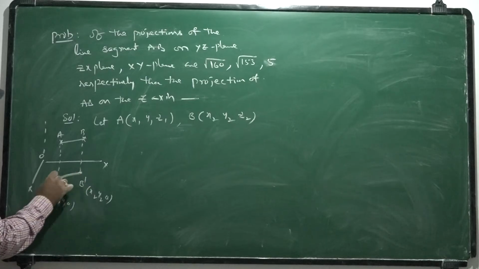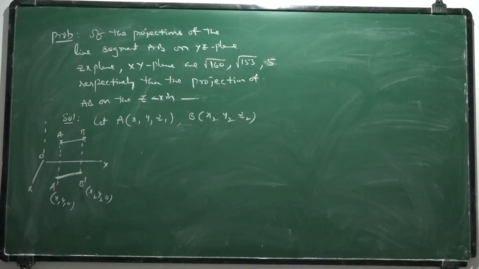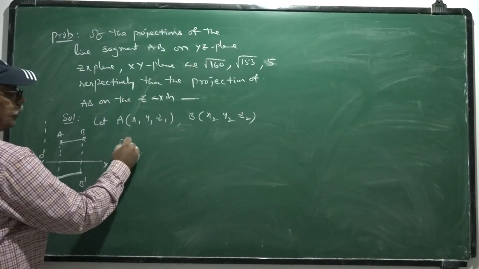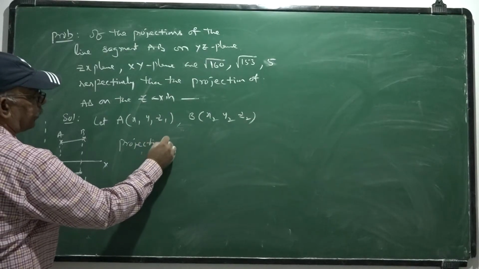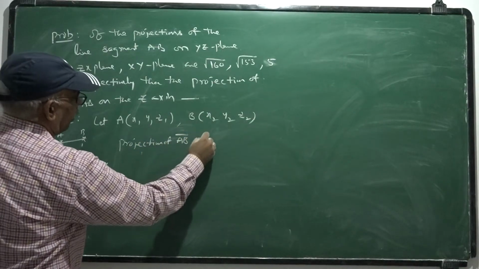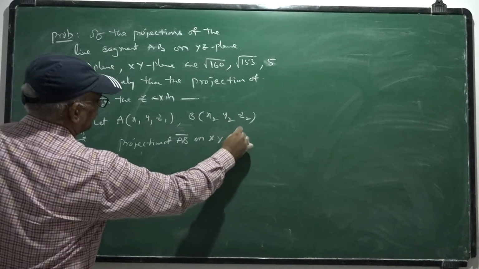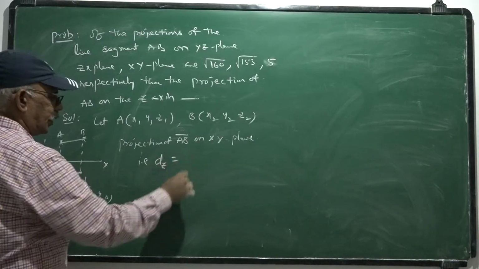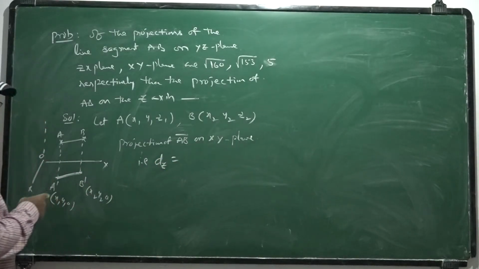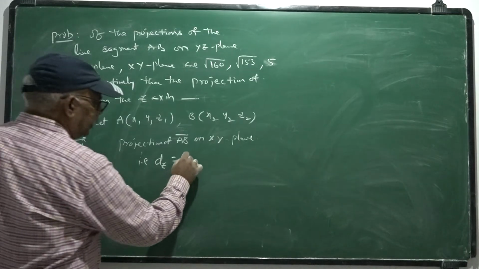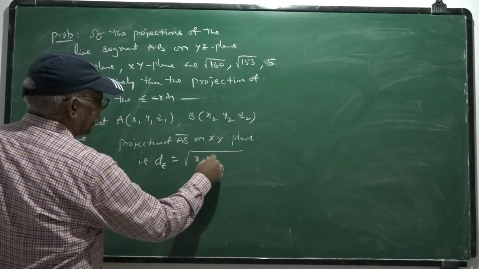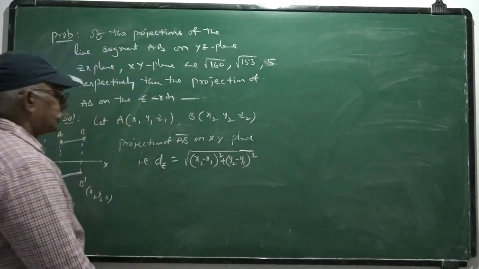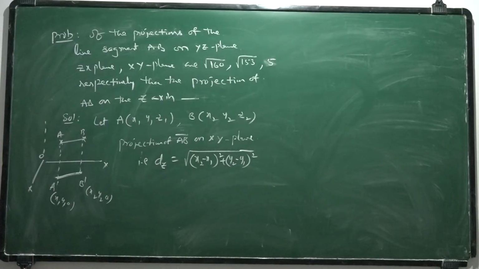The distance between A dash and B dash is nothing but the projection of AB on xy plane. So the projection of line segment AB on xy plane, denoted by dz, is as per our figure the distance between these 2 points. So, (x2 minus x1) whole square plus (y2 minus y1) whole square. This is dz, projection of AB line segment on xy plane.